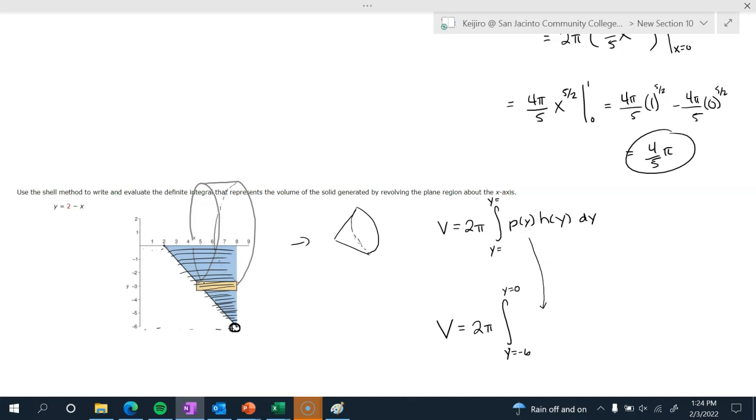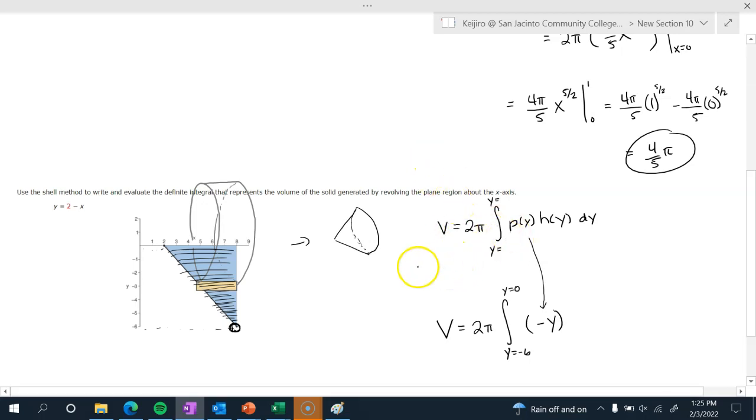Because these radiuses are always positive. So it actually turns out that the radius function is -y as opposed to just y. But if you forget the negative, all that's going to happen is that you would get a negative volume, which you would then know to just flip into a positive. It would still have the same magnitude, so it's not the most horrible thing if you forget that the negative is there.